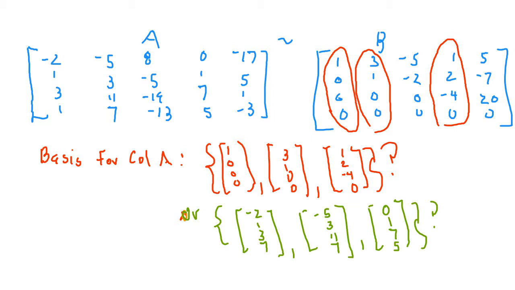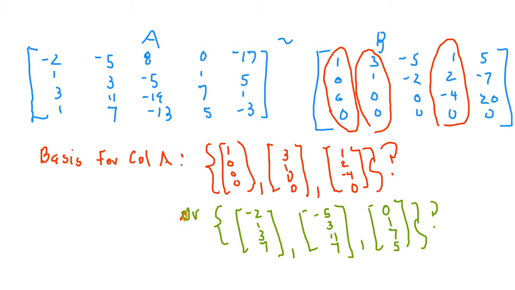That's right. The basis for the column space of A, in other words, when you do row operations on the matrix, the linear dependence relationships between the columns is not preserved. Row operations change the dependence relationships.